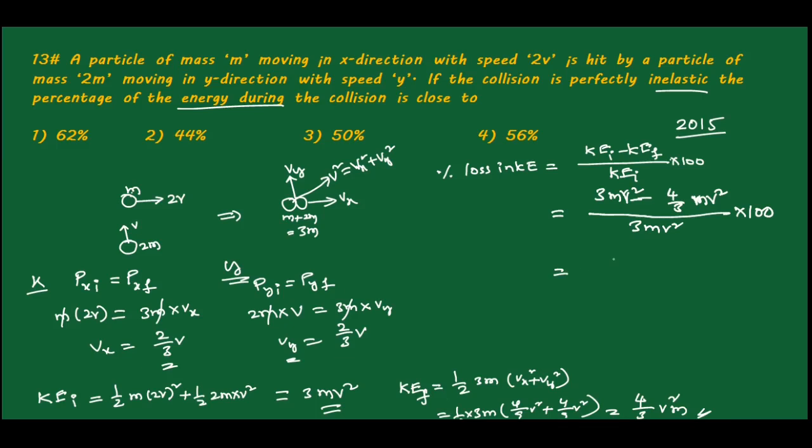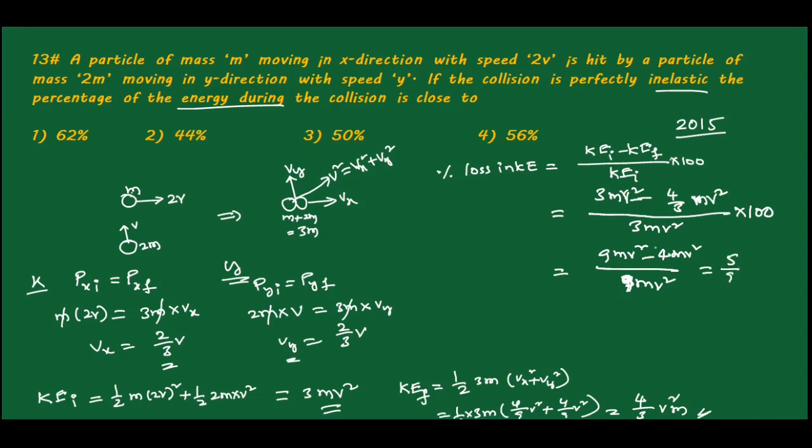Now take the LCM as 3, so 3 multiplied by 3 gives 9mv^2 minus 4mv^2 over 3mv^2. So it is clear that mv^2 will cancel. Now 9 minus 4 by 3, the LCM as 3 is already there, so 3 into 3 will come 9. So 9 minus 4 means 5 by 9.